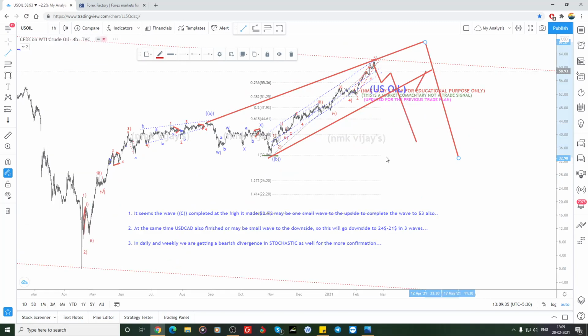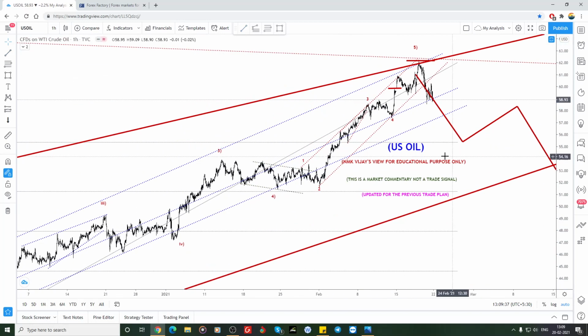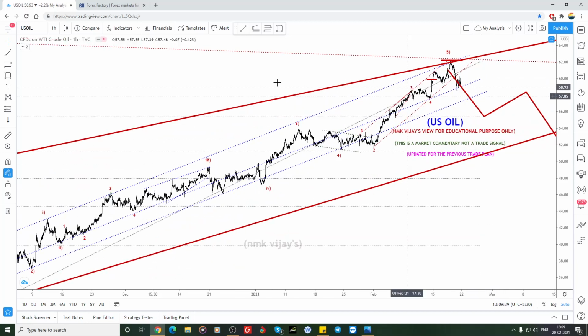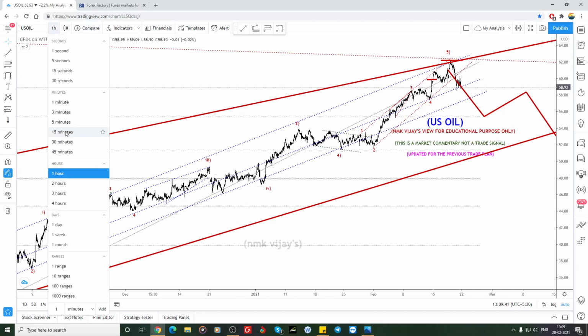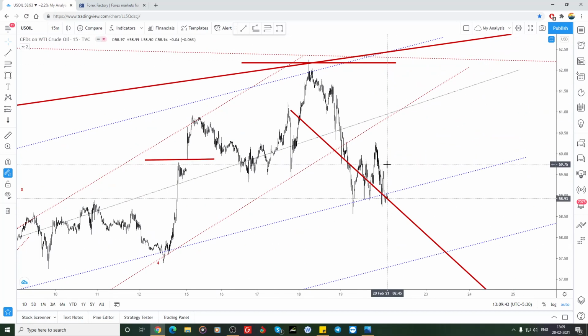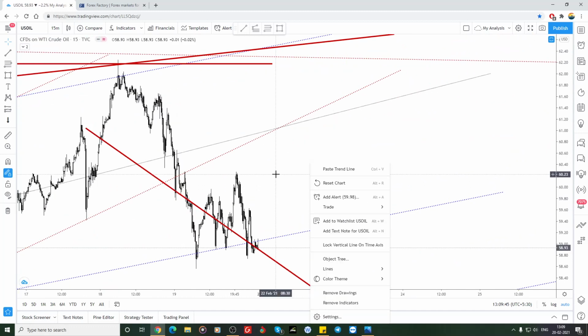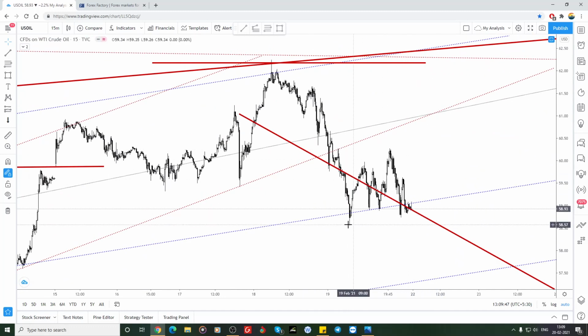So here I'm looking at whether it is making a 5-wave structure. It has not yet done the 5-wave structure as of now. It's come down, but I'm not sure, it didn't break this low. If it didn't break the low, it is again only a 3-wave structure, an impulse. Still in that 3-wave structure, it's a B, 1, 2, 3, 4, 5.